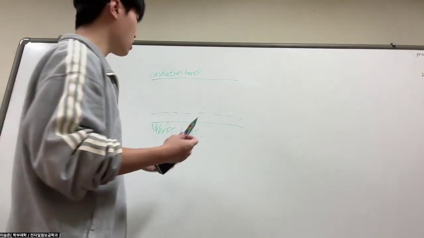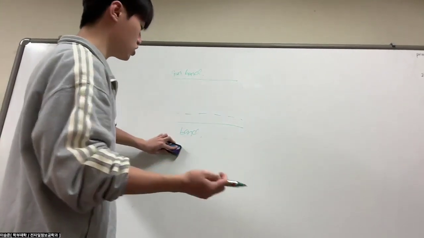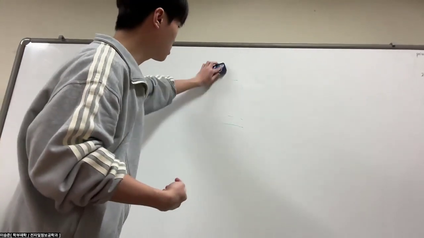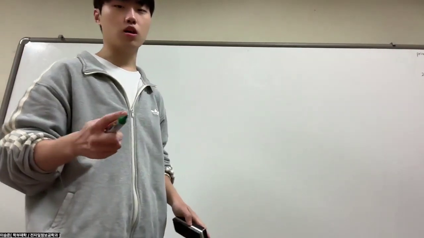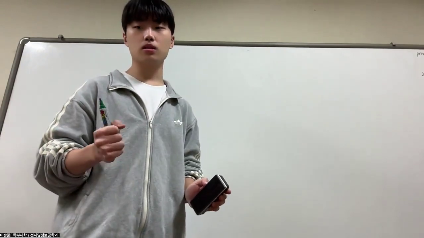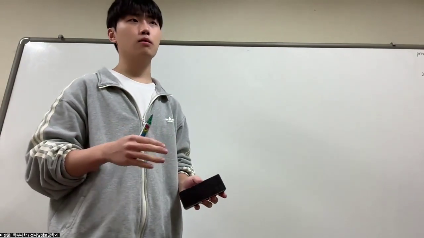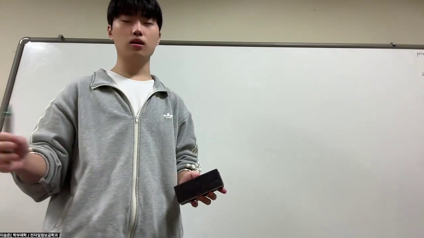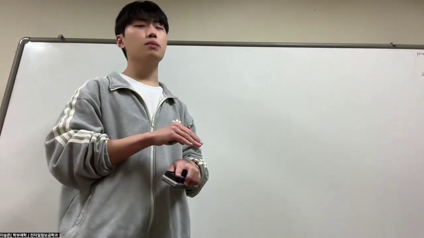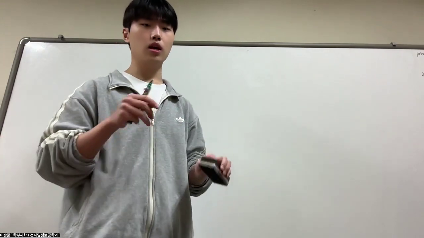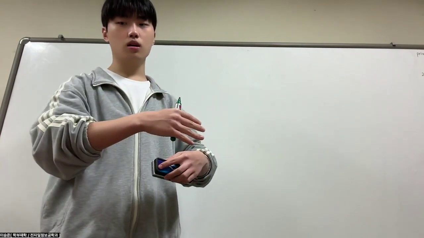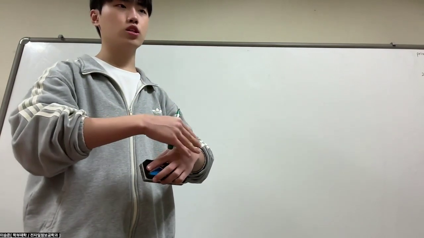And to draw a p-n junction energy band diagram, first you have to draw a constant Fermi level. Why does the Fermi level have to be constant? Because when the Fermi level is not constant, that means there is a difference in electron concentration.